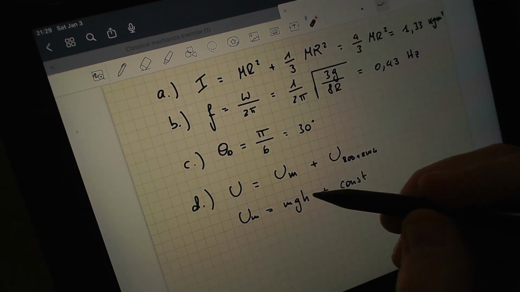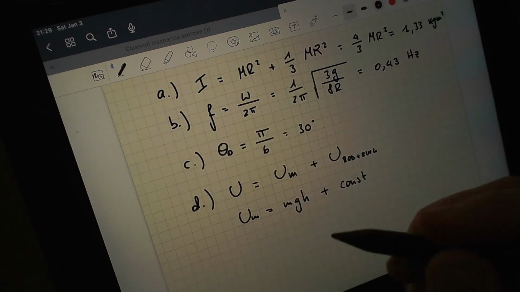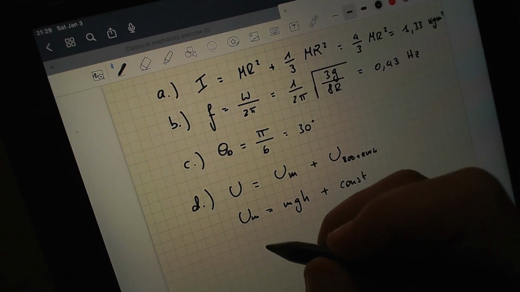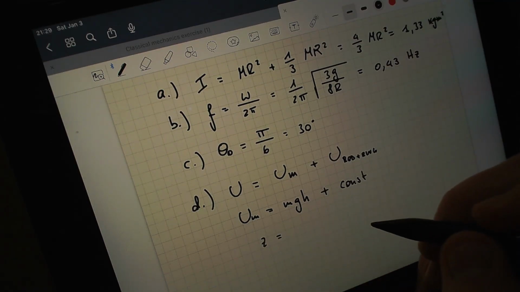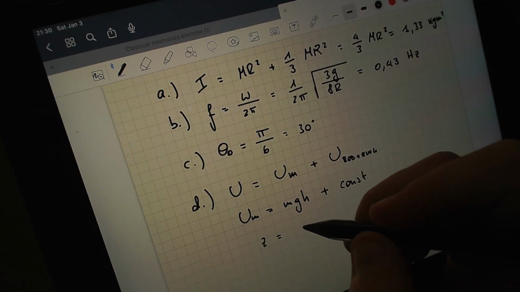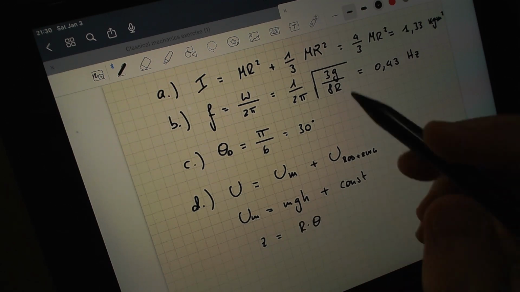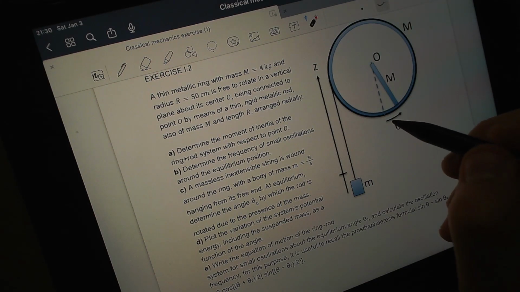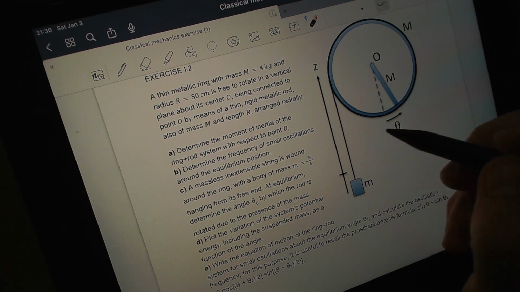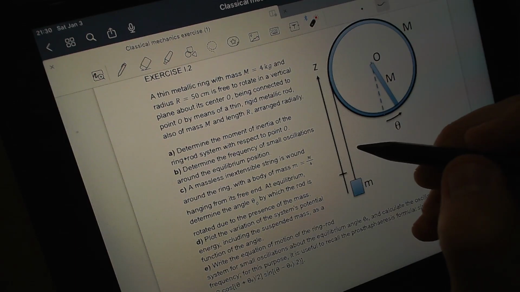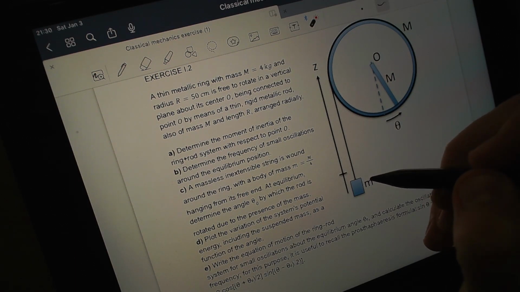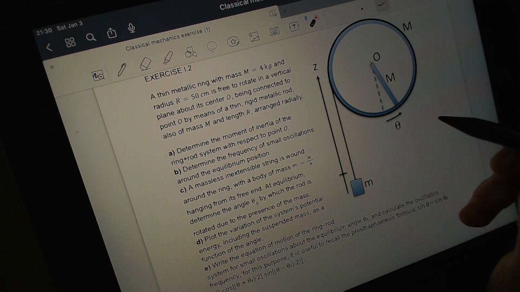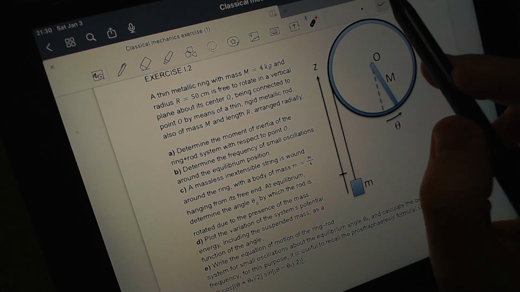So here this h can be expressed as a function of z, which is actually given by r times theta, because we know that for a change of the angle theta, we have a change of the position of m, which is theta times the radius of the ring.